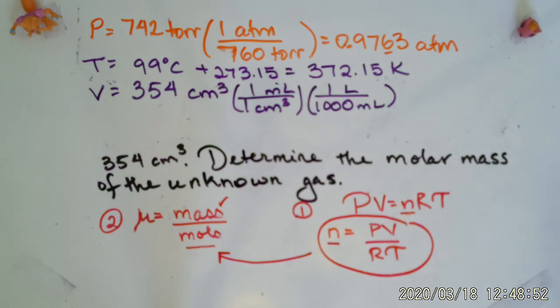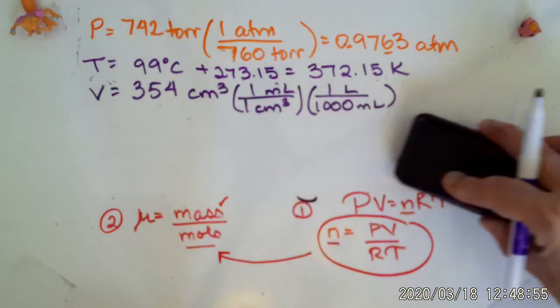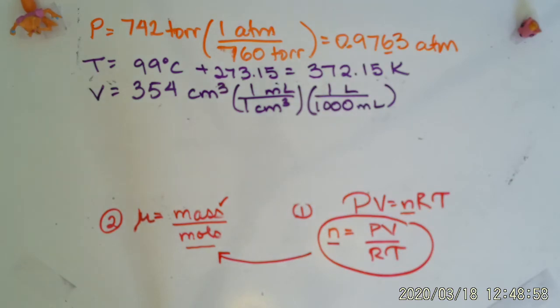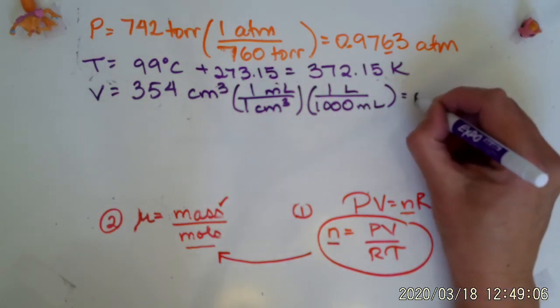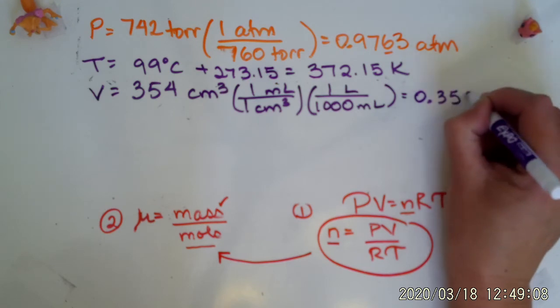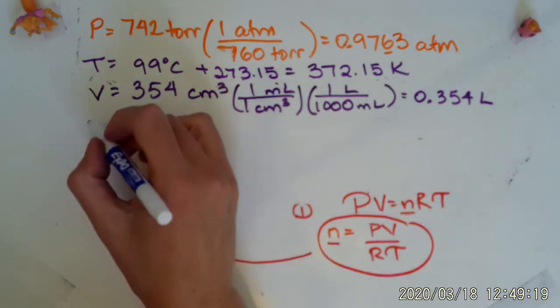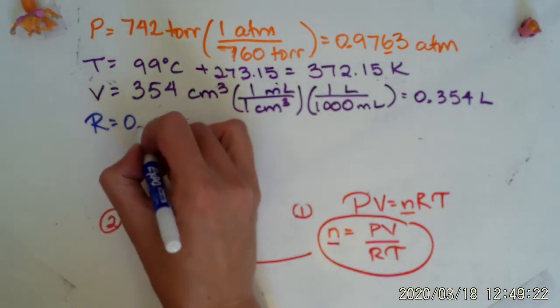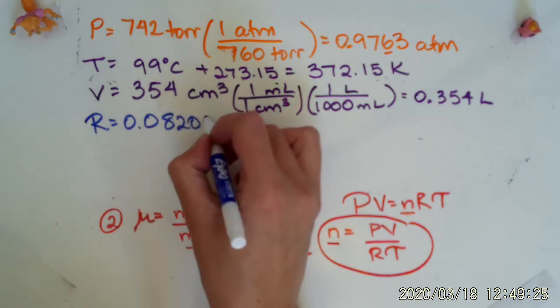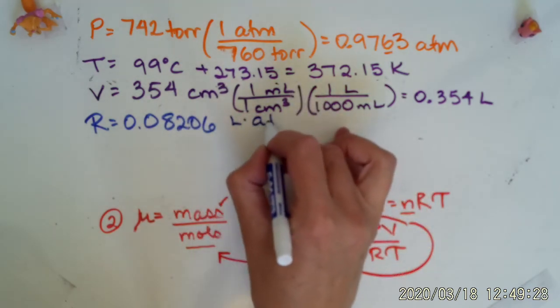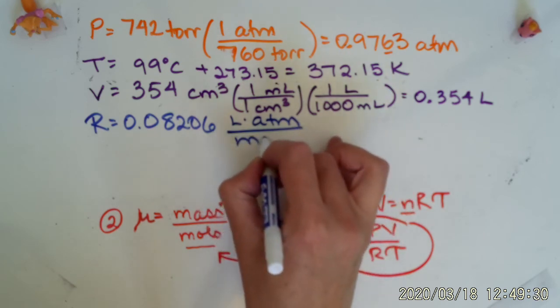So 354 times 1 divided by 1,000, we get 0.354 liters. And let's not forget R. R is equal to 0.08206 liter atmospheres per mole Kelvin.